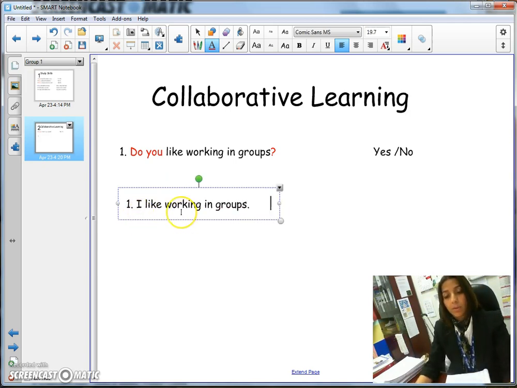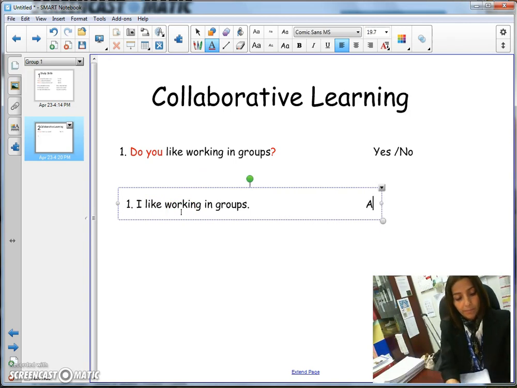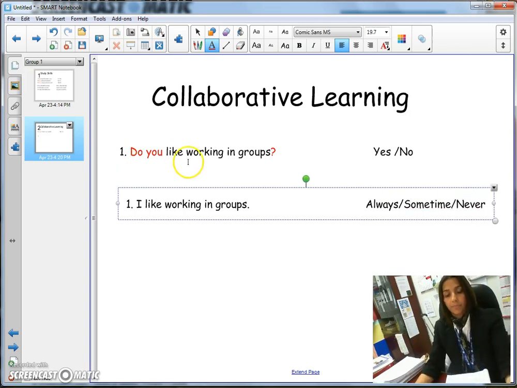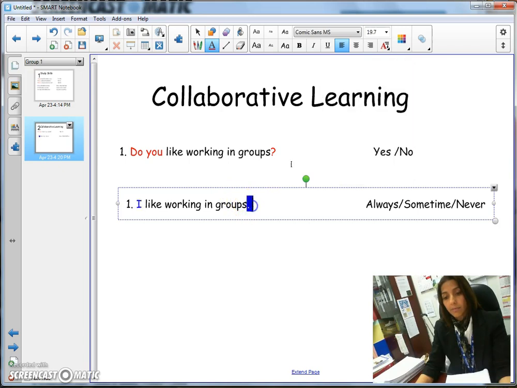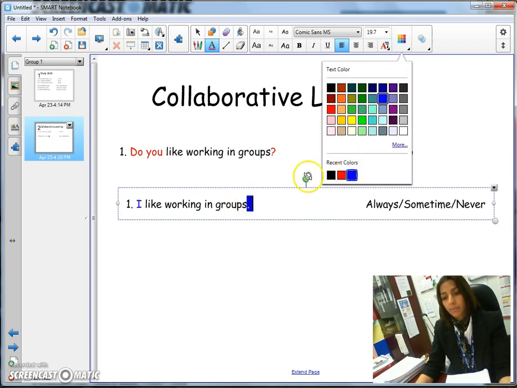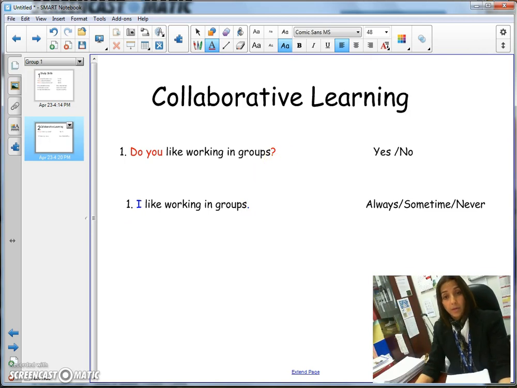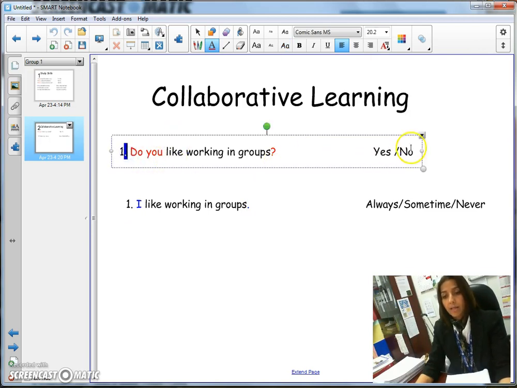Okay, and so my response is going to be one of the 3 options: always, sometimes, never. Why? This item is suitable for a 3-point scale and not yes and no, because it's not a question. So we have "I" over here and we have the full stop.